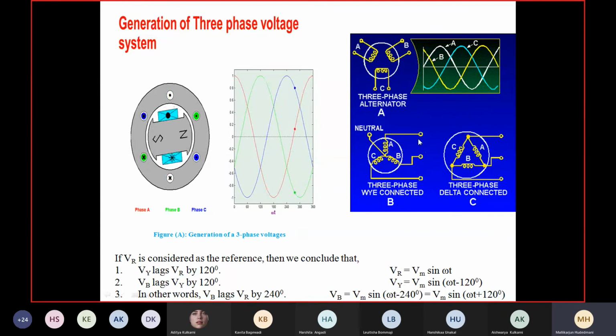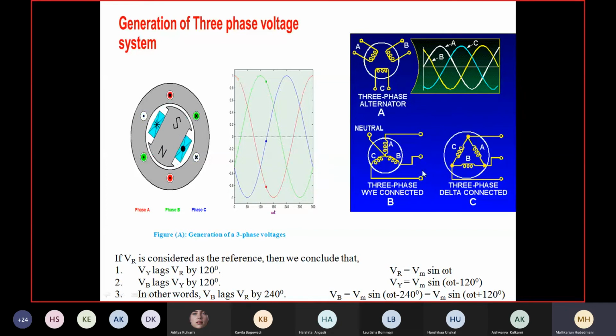If I measure voltage between lead 1 and lead 2, or lead 2 and lead 3, we can call it line 1, line 2, terminal 1, terminal 2, or 2 to 3, or 3 to 1. Totally, I am measuring voltage between any of the 2 lines.